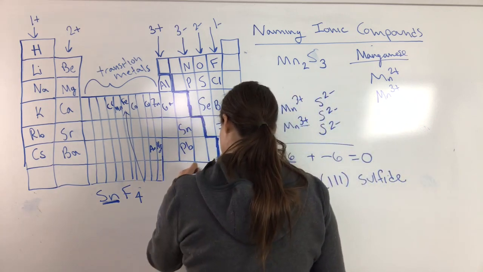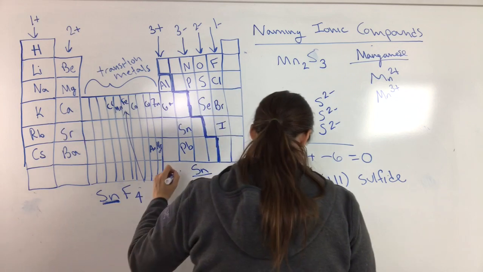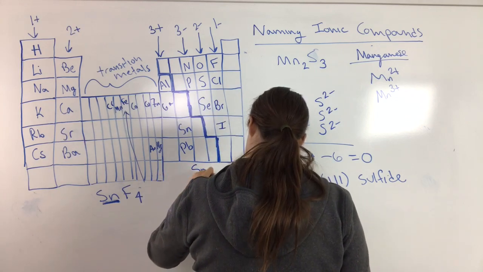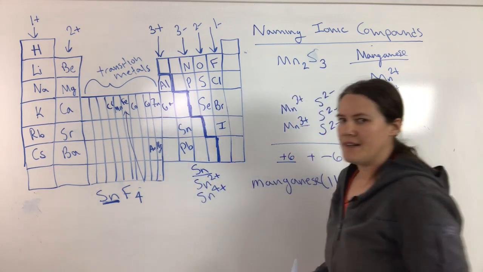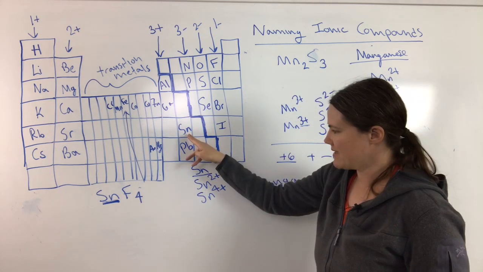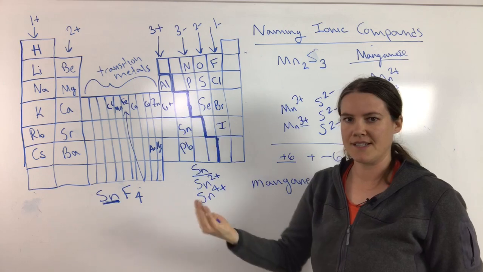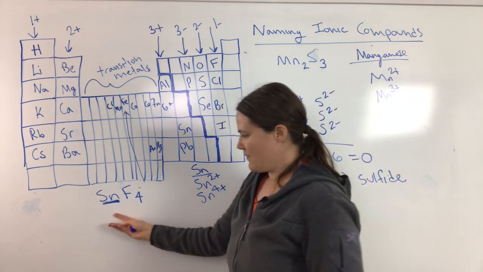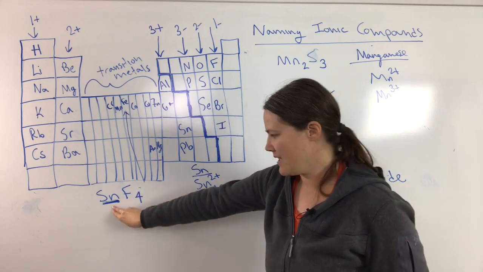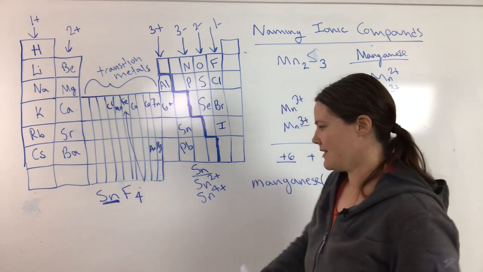So it turns out that tin can form a 2+ ion and a 4+ ion. And if you didn't know this, you would just need to look it up and see if tin forms more than one ion. So we know that tin forms more than one ion, so we know that we're going to need the Roman numeral in this name.